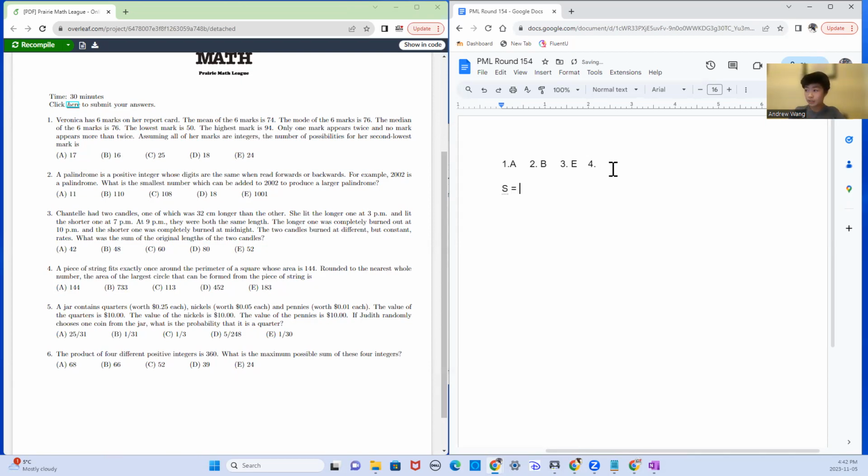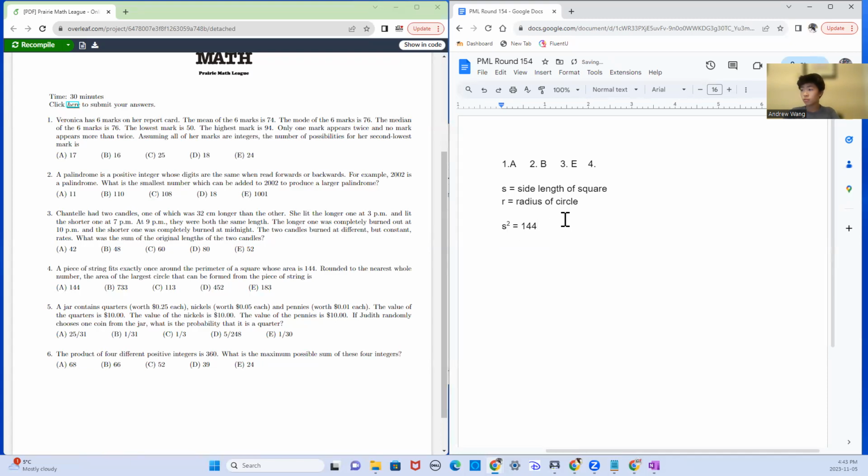So we'll set S equal to the side length of the square, and we'll use R as the radius of the circle, and you'll see why we need it in a minute.